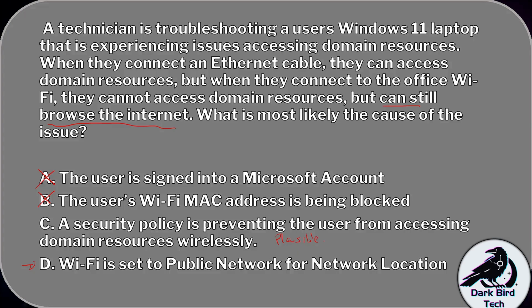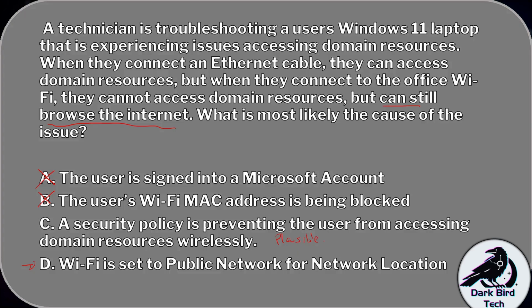And if you say yes, it'll then work out, is it a home network or a work network, and apply the appropriate firewall rules. But if you say no, it's not a private or safe network, then Windows will apply the public network rule set of its firewall. And that would probably prevent most domain protocols and services from working.